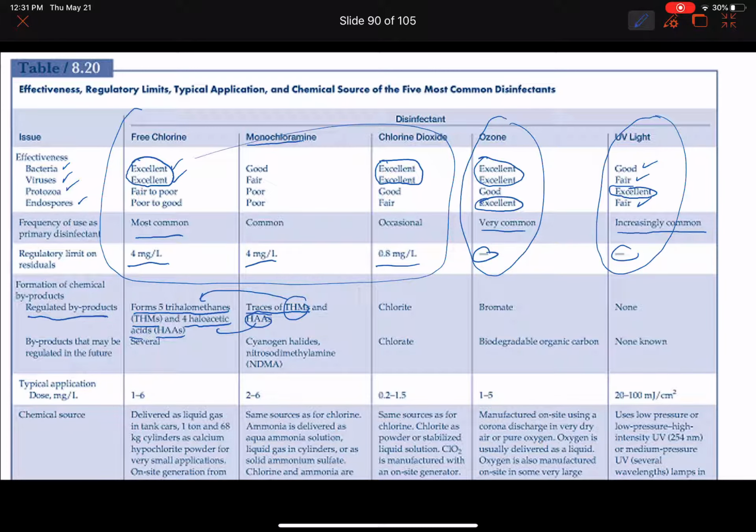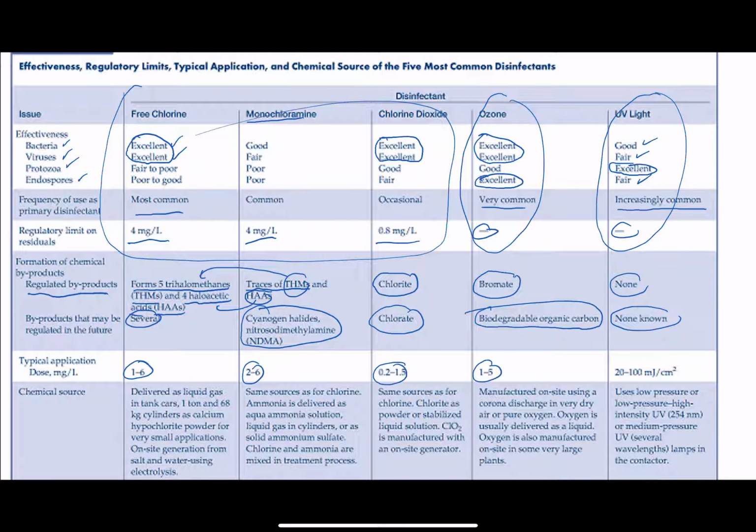Typical application dosage for free chlorine is 1 to 6 milligram per liter, 2 to 6 milligram per liter for monochloramine, 0.2 to 1.5 milligram per liter for chlorine dioxide, 1 to 5 milligram per liter for ozone. For the UV light, 20 to 100 millijoule per centimeter squared. This is the typical dosage.